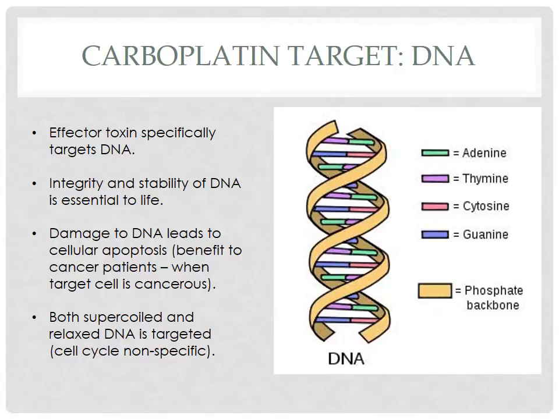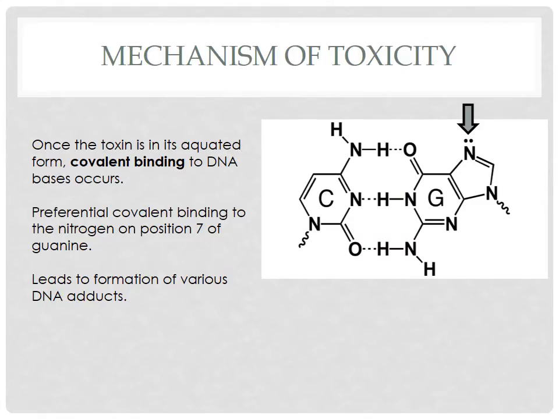It should be noted that carboplatin is susceptible to interactions with double-stranded DNA in a supercoiled or relaxed topology. Once carboplatin undergoes hydrolysis or aquation, it is susceptible to exert its cytotoxicity by covalently binding with DNA.